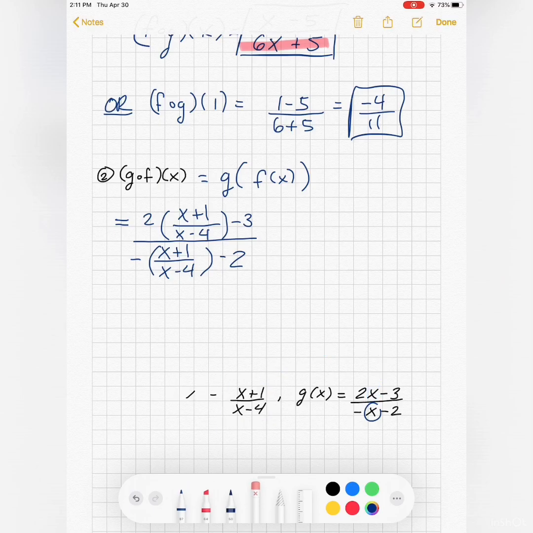Then I do my calculating. I'm going to multiply this top and bottom by that LCD.